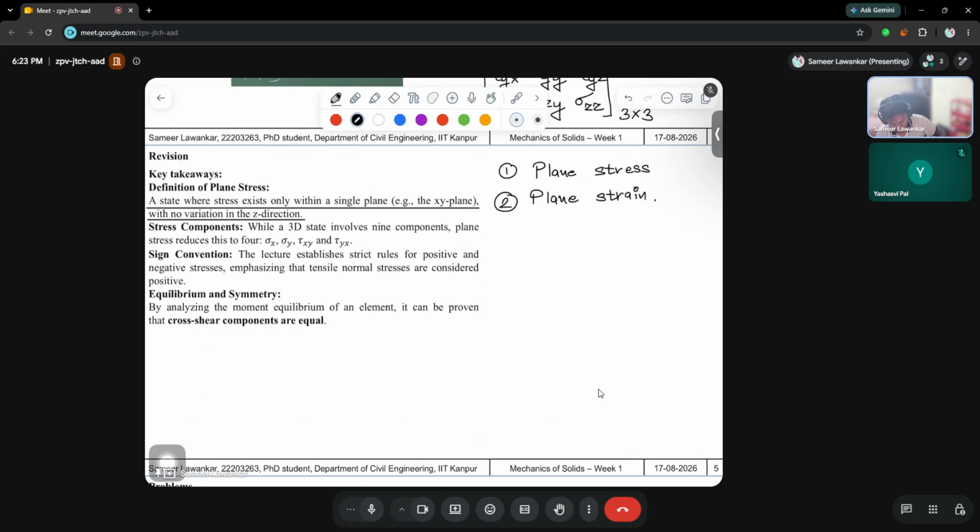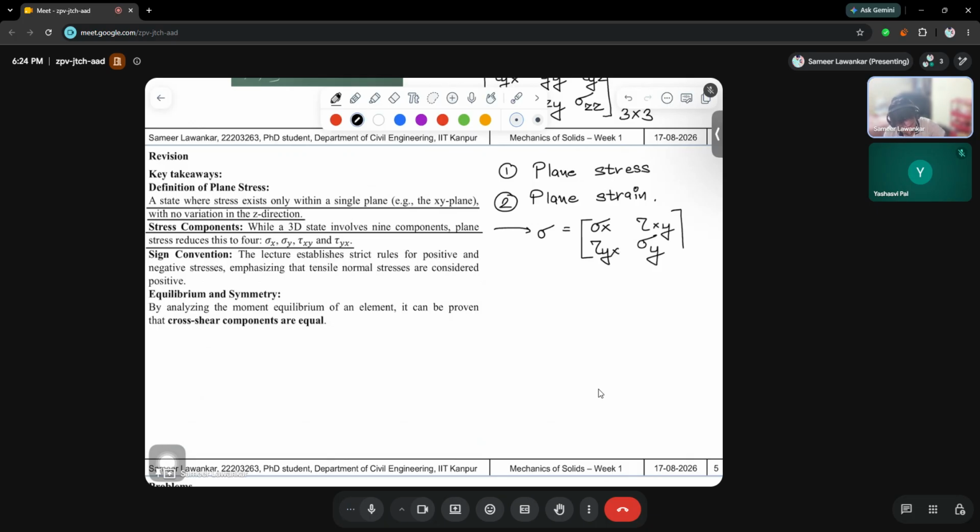Okay. So when we do this, our 9 total stresses get converted to only 4 stresses. While the 3D state involves 9 components, plane stress reduces this to 4, that is sigma x, sigma y, tau xy, and tau yx. Okay, so we write this in the form of sigma equal to sigma x, sigma y, tau xy, tau yx.